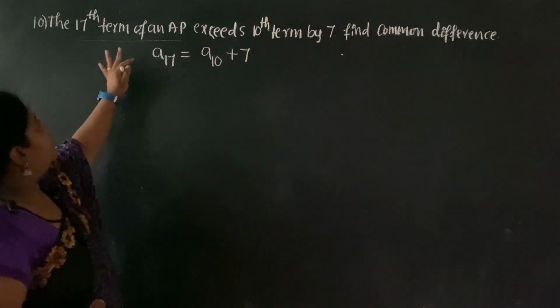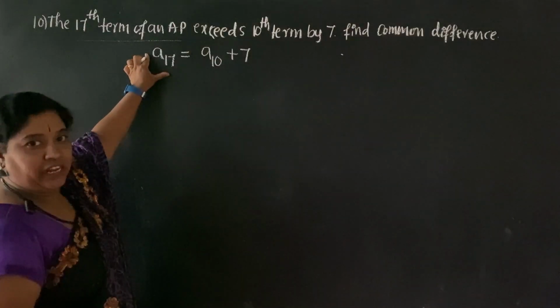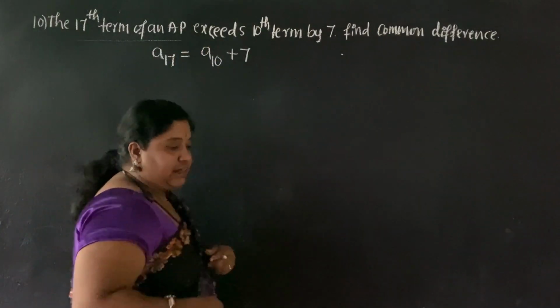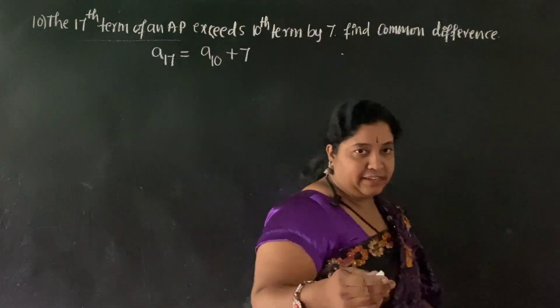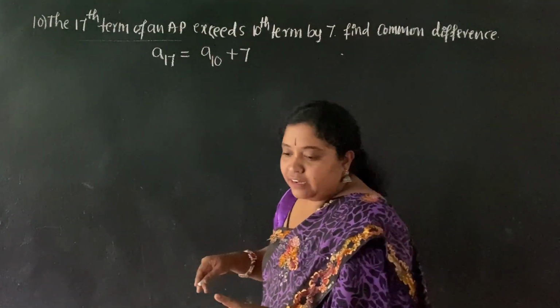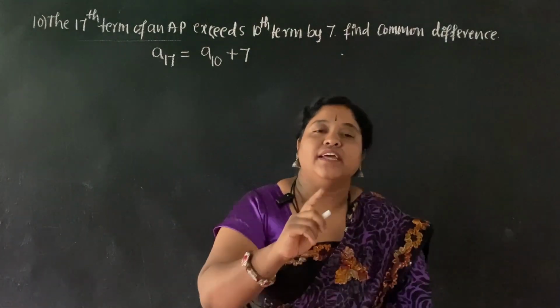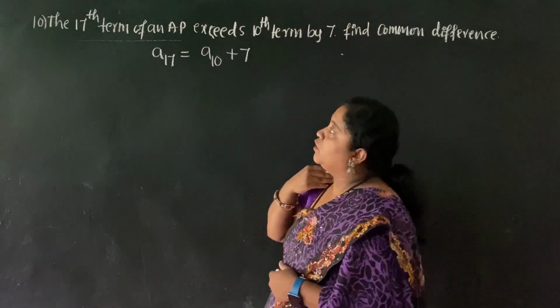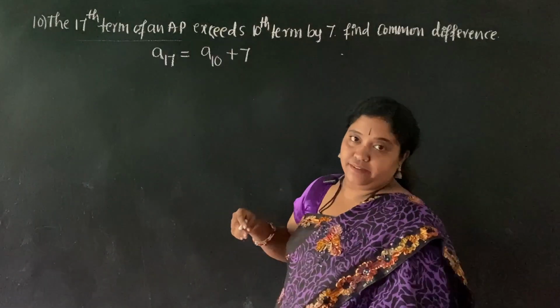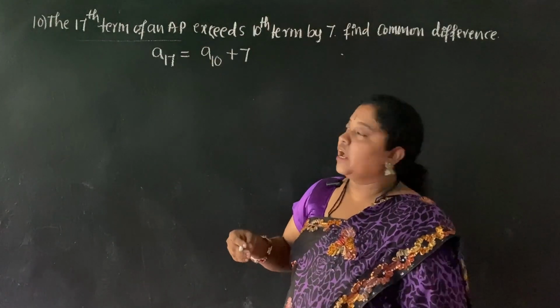So 17th term of an AP exceeds 10th term by 7. In other words, it means that the 17th term is 7 more than the 10th term. You will get confused when you see the word exceeds. Exceeds means more than. Understanding?